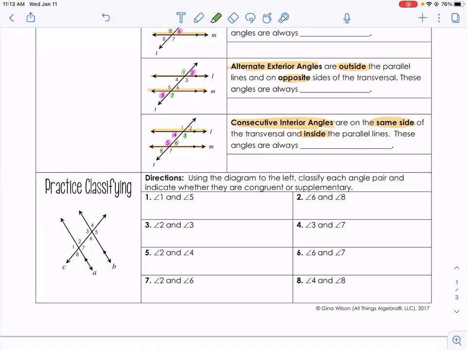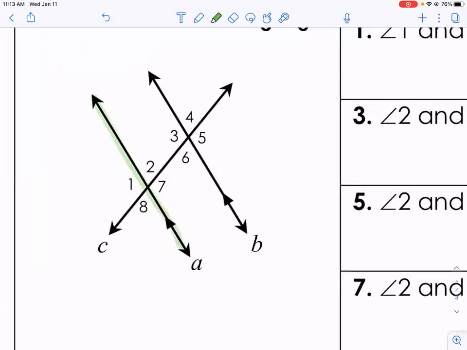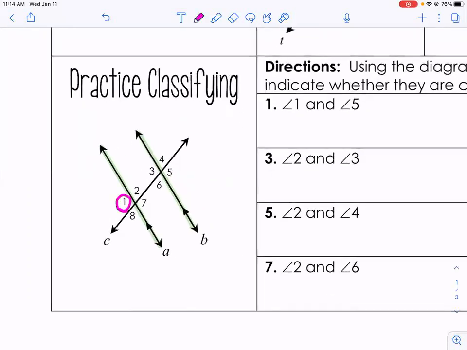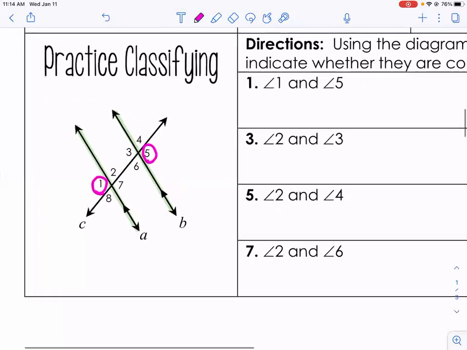Here is our picture. Here are my 2 parallel lines. Okay. So in number 1, we're talking about 1 and 5. Brady, what do you think? Well, are they both inside, both outside, or one of each?